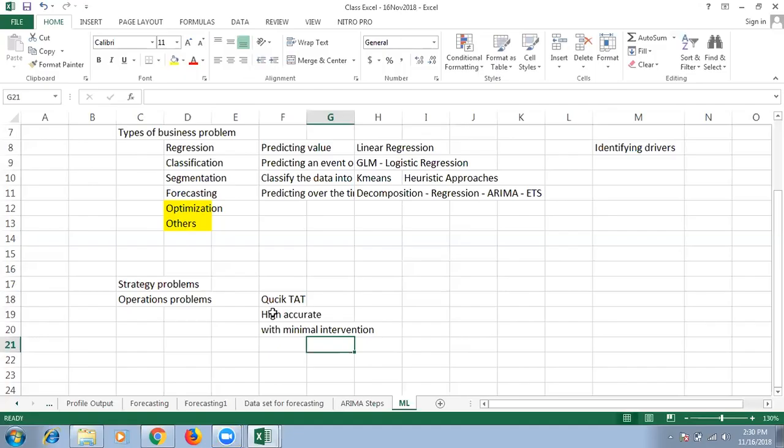So you got a model, but that model may not be as good as a highly accurate model. From the strategy problems perspective, the linear models and the other models which we have been discussing till date are all helping you solve strategy problems.